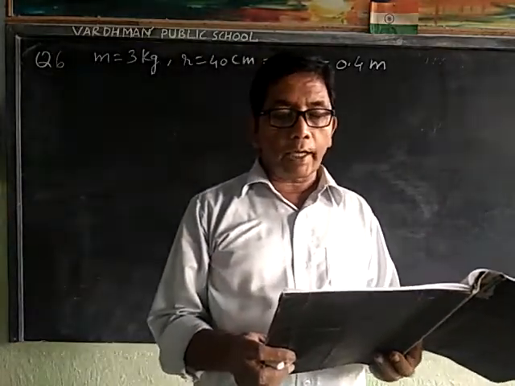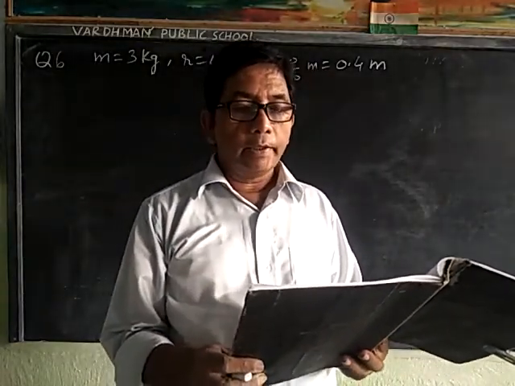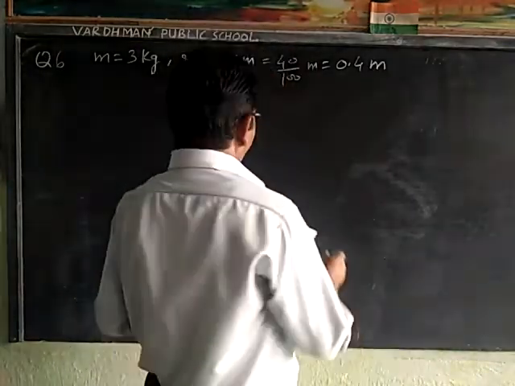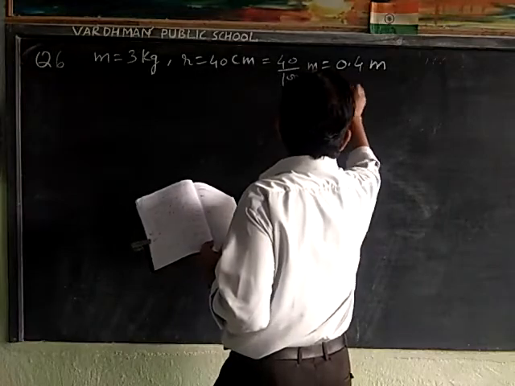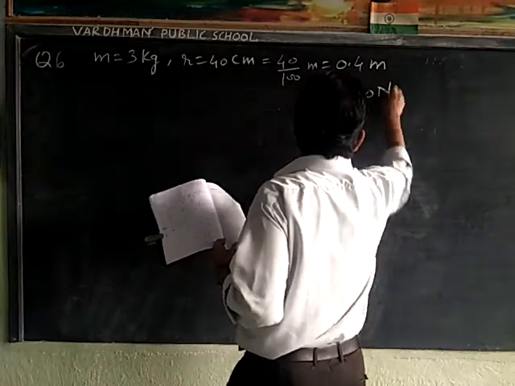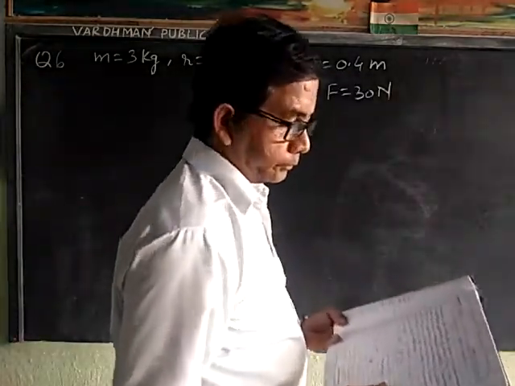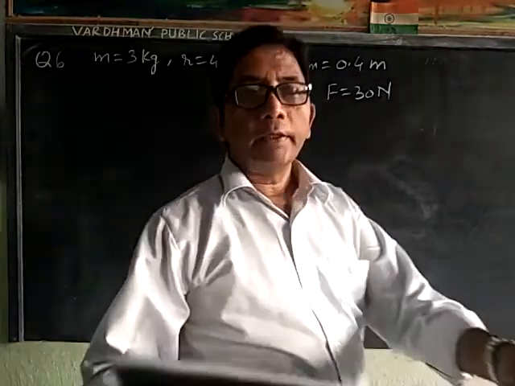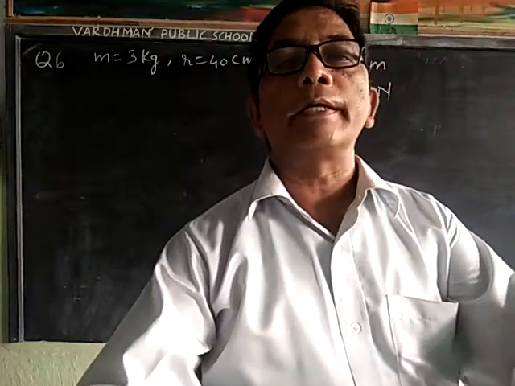What is the angular acceleration of the cylinder if the rope is pulled with a force of 30 Newton? What is the linear acceleration of the rope? Assume that there is no slipping.